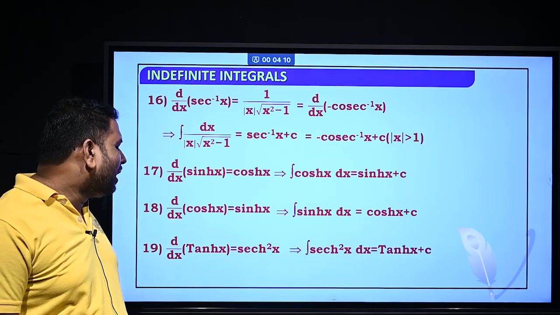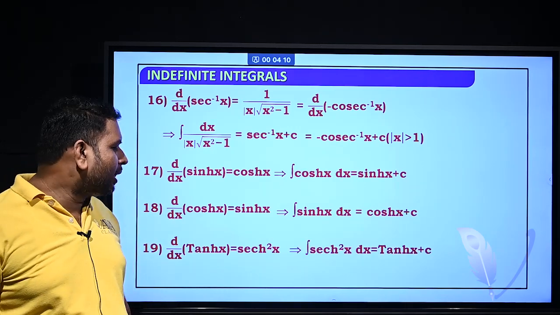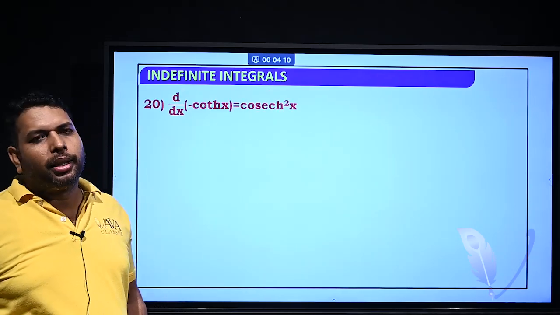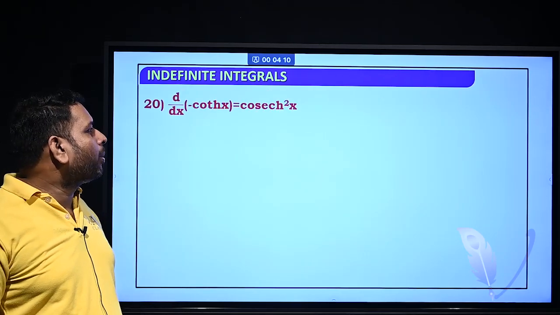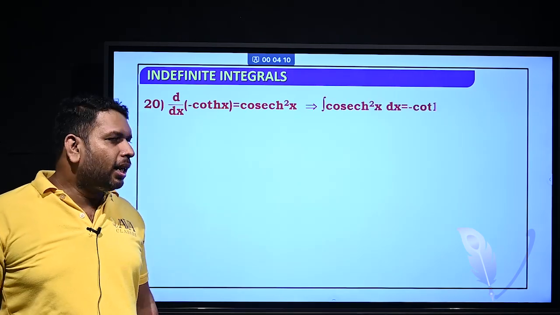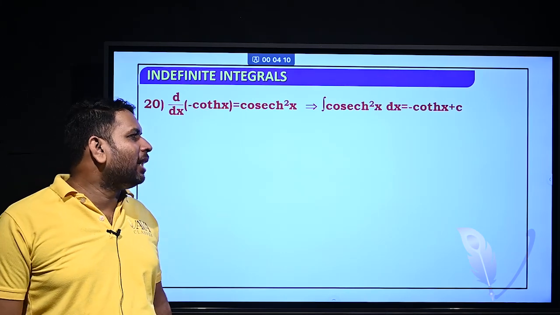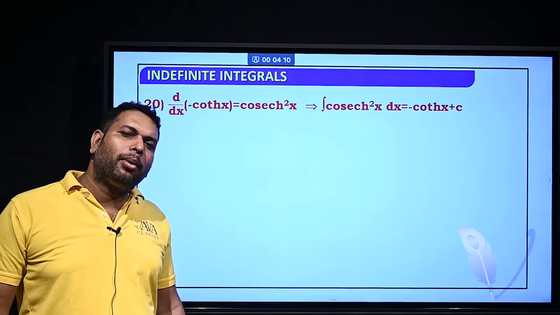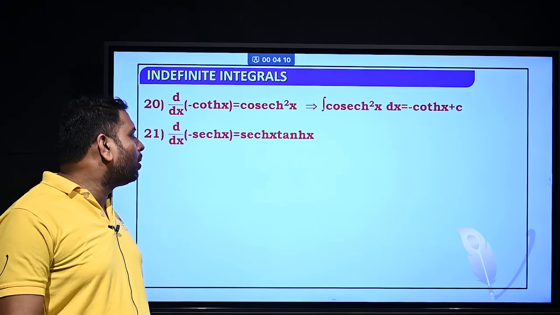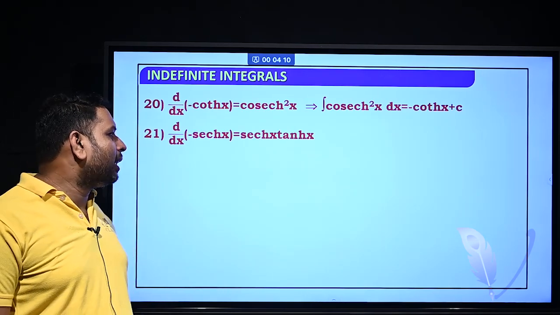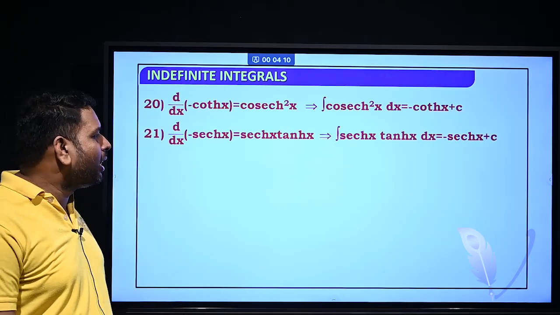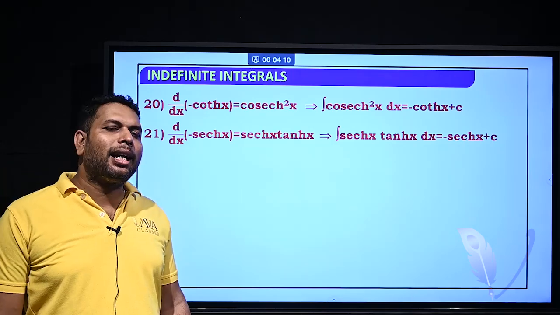So integration of sec hyperbolic square x dx is tan hyperbolic x plus c. Question number 20. Derivative of minus cot hyperbolic x is cosec hyperbolic square x. So integration of cosec hyperbolic square x dx is minus cot hyperbolic x plus c. Derivative of minus sec hyperbolic x is sec hyperbolic x into tan hyperbolic x. So integration of sec hyperbolic x tan hyperbolic x dx is minus sec hyperbolic x plus c.